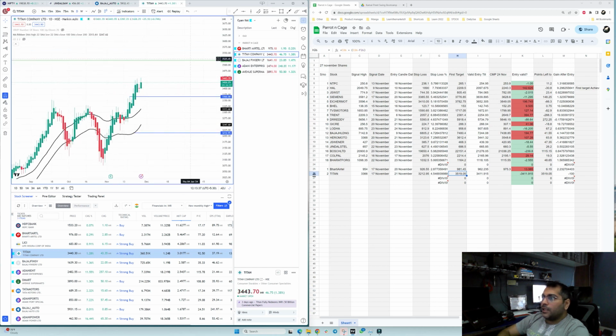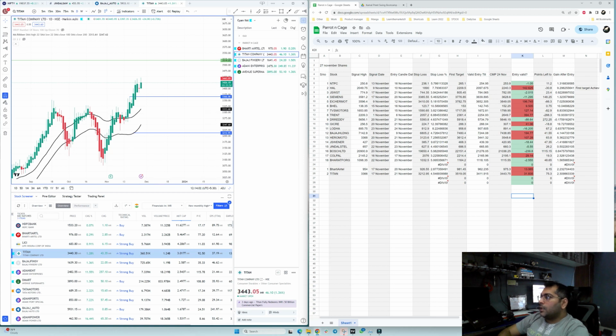So the first target is 3519, and the current market price is 3443.75. Now again the price is already beyond what sir mentioned. We need to take clarity on this.